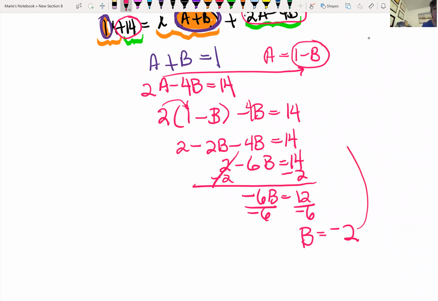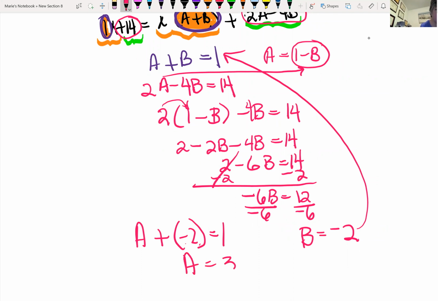Well, bring this back to that equation, we could solve for a easily. That means that a plus the negative 2 is equal to 1. In that case, if I add this 2 to both sides, a is equal to 3. And if you go back and substitute it, obviously 3 minus 2 equals 1.